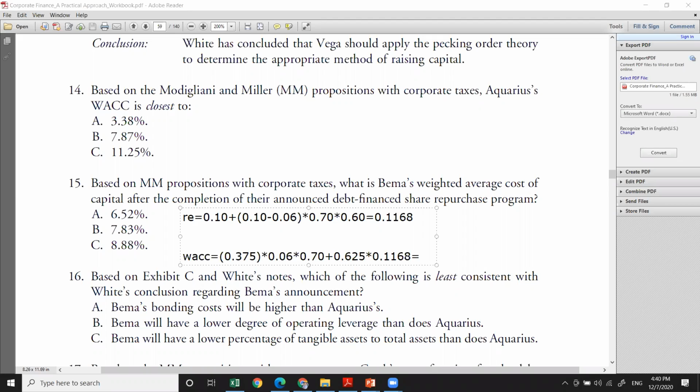That would give us a weighted average cost of capital equal to 8.88%.